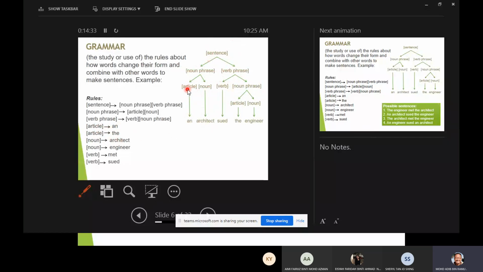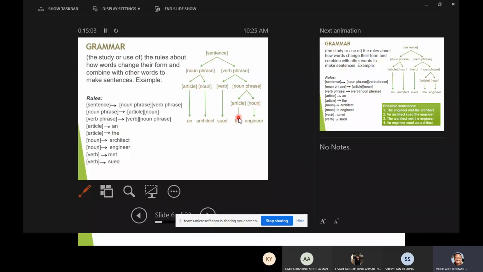And these are where you apply the different options of articles, nouns, and verbs. So for example, for the first article, we can choose between a and the. And then the first noun, you can choose between architect and engineer. And verb, you can choose between suit and met. And here you can see that this is a noun phrase, which is the same as this noun phrase, which is a combination of article and noun.